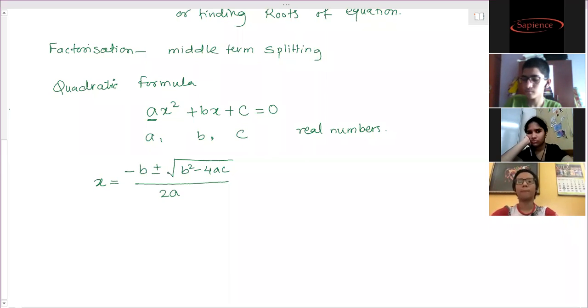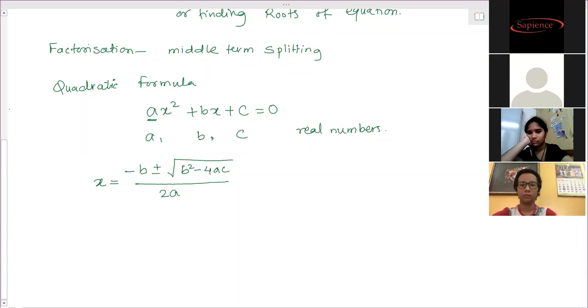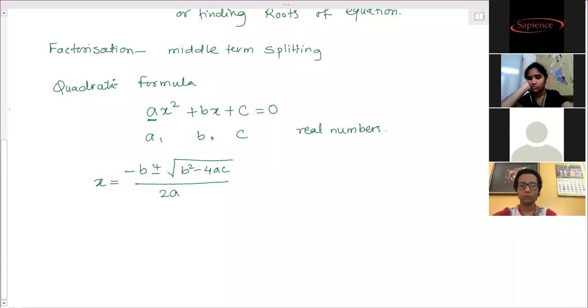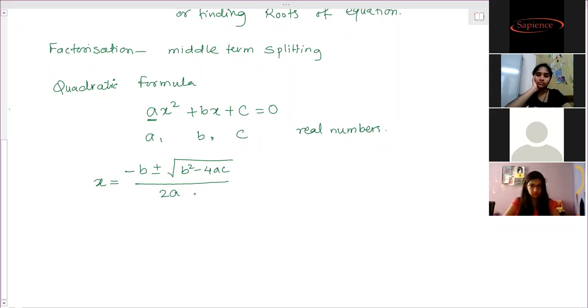One root is calculated by taking the positive sign, and the second one we get by taking the negative sign, because this is a square root of a number, and the square root of a number has two values, positive as well as negative. So we get two values, one with the positive value and one with the negative value.